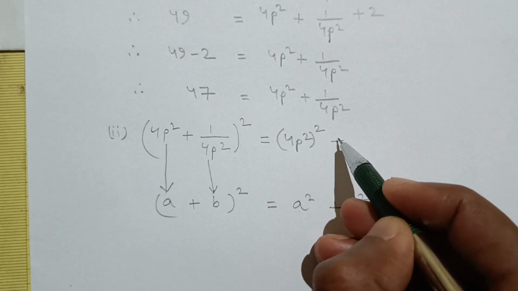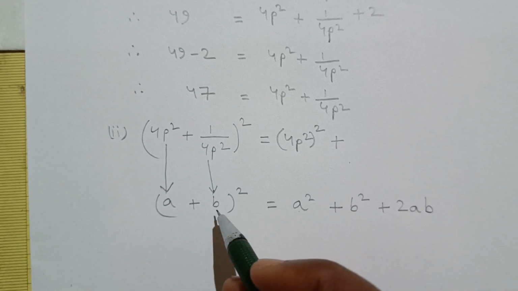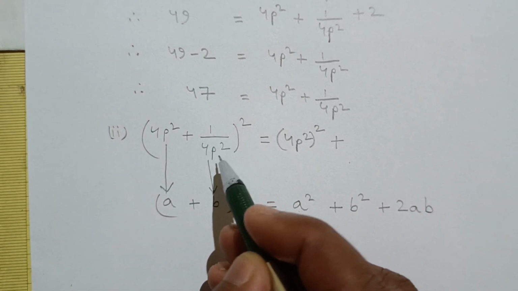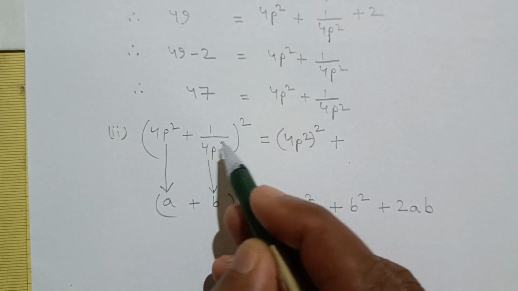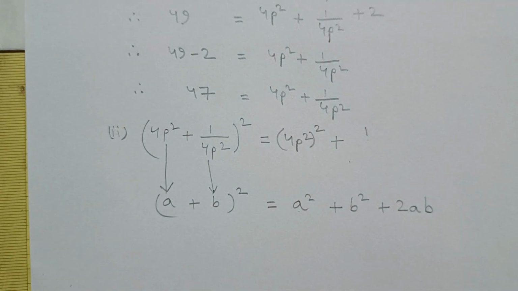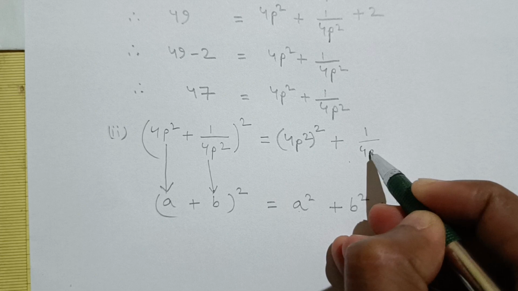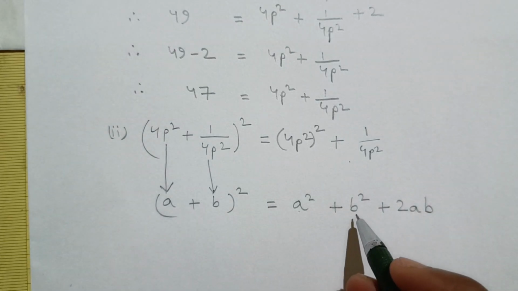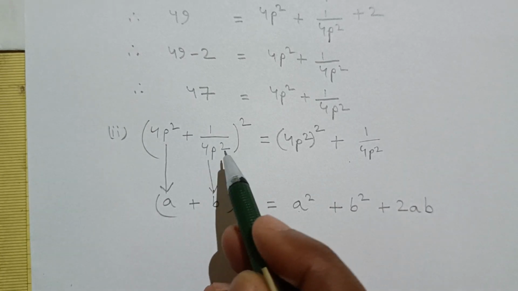Then plus b square. Now b stands for 1 upon 4p square, so instead of b, I will write 1 upon 4p square.